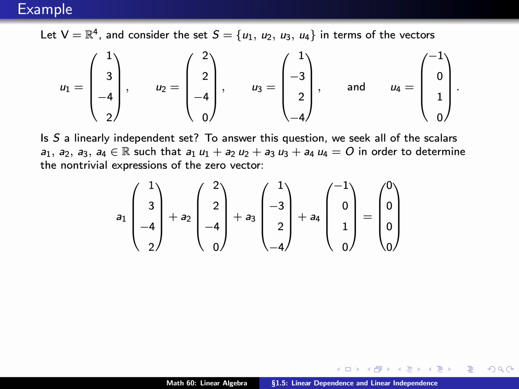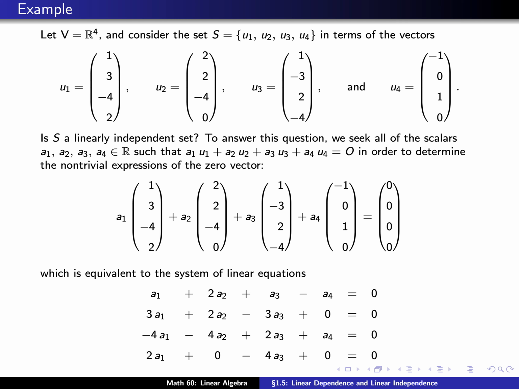That is, we're looking for scalars a sub 1, a sub 2, a sub 3, and a sub 4, such that a1 u1 plus a2 u2 plus a3 u3 plus a4 u4 is equal to the 0 vector. Expressing this sum here by looking at the first row, second row, third row, and fourth row, we actually find a system of 4 equations and 4 unknowns.